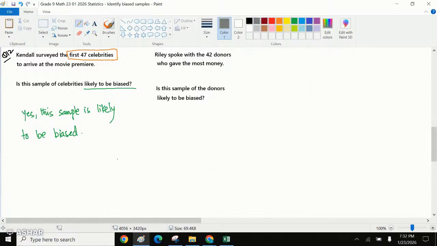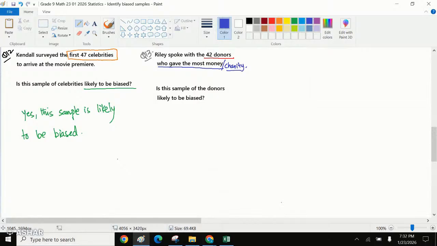What is your opinion? Can I have anyone's opinion on this? See, Riley is speaking to 42 donors, but not randomly. Those donors have a specific requirement. They were the ones who gave the most money for the charity. So, money slash charity, I'll write. They gave the most charity.